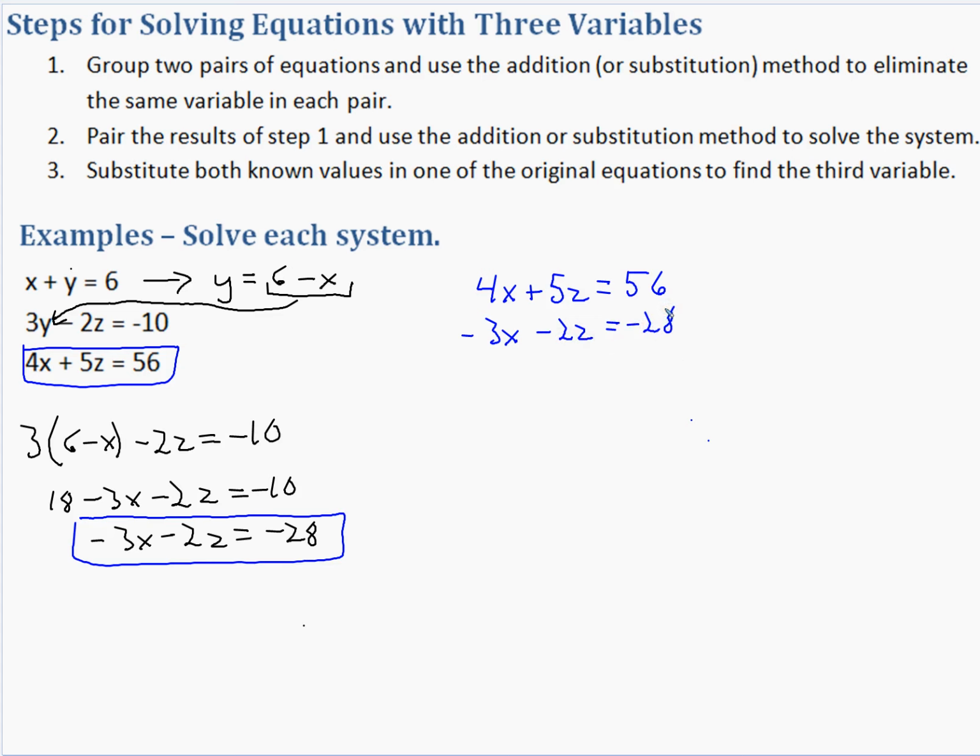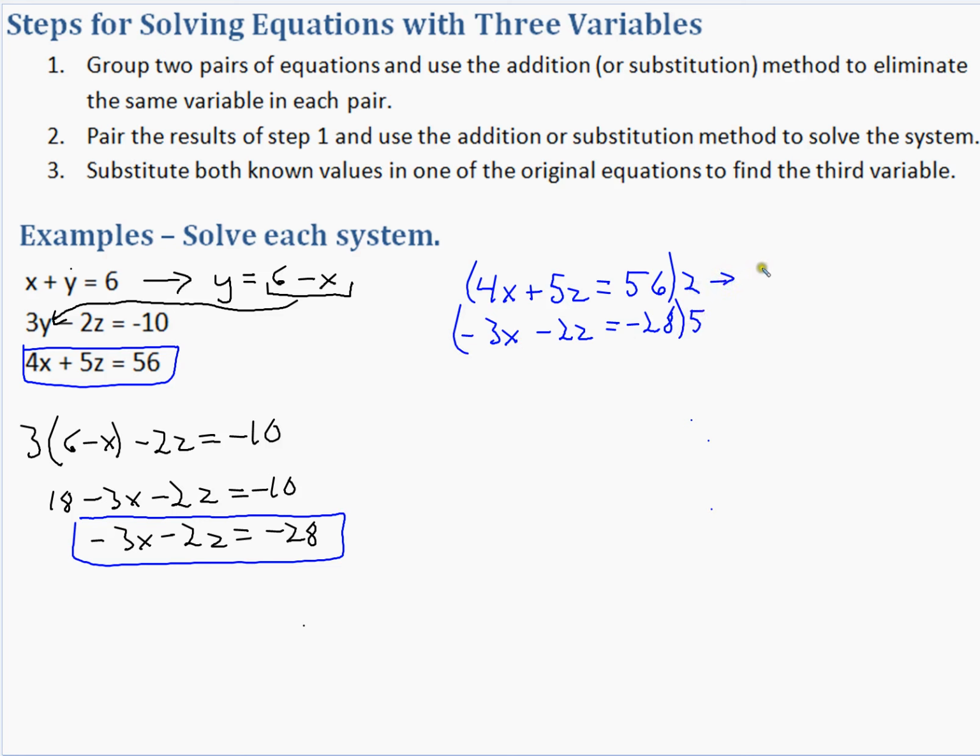And now we have 2 equations with 2 variables we want to solve. This one doesn't work out as nicely, so let's go ahead and multiply. Let's eliminate the z's. So we'll multiply the top by 2, and the bottom we'll multiply by 5. So we'll multiply the whole thing here by 2, and the whole thing by 5.